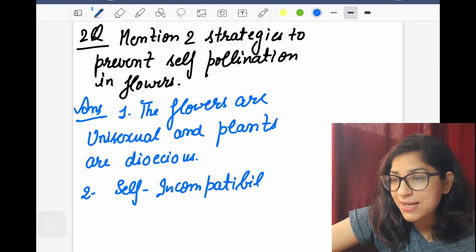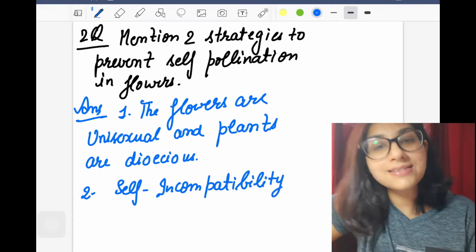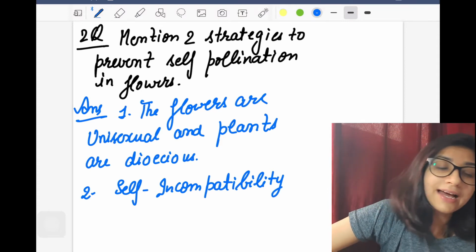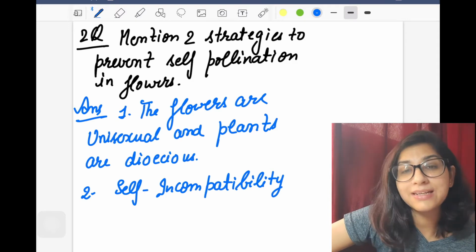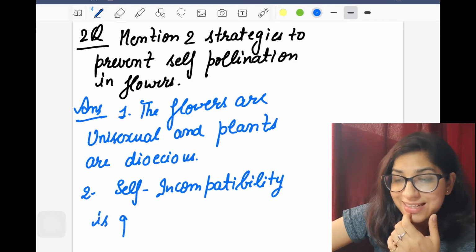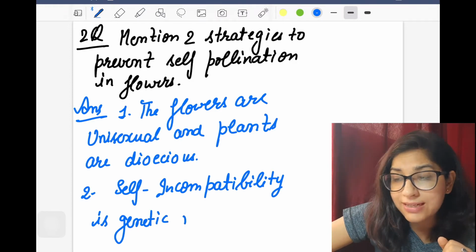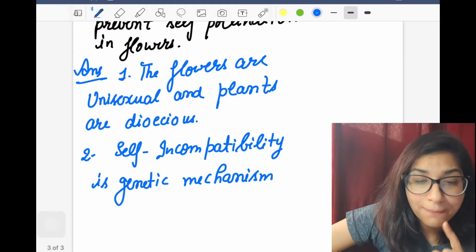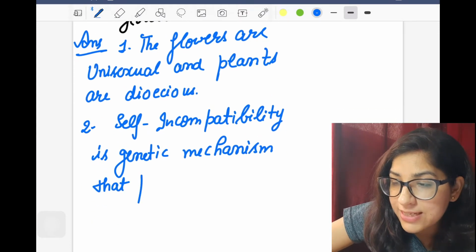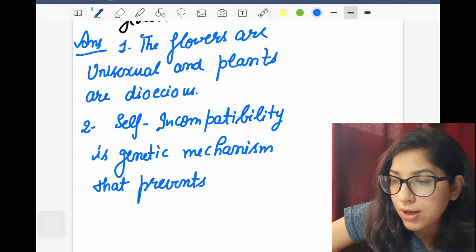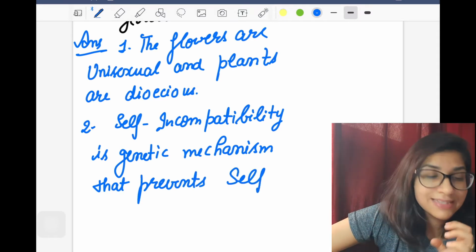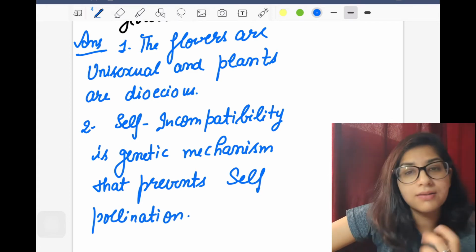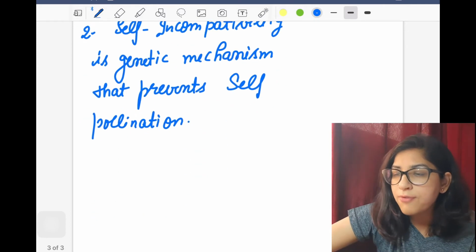It happens sometimes that even a few flowers capable of self pollination, because of self incompatibility, which is a genetic mechanism, prevent self pollination. That is why we are writing incompatibility, it prevents self pollination. So if self pollination does not happen, there will be no fertilization of the egg in the ovules, right?